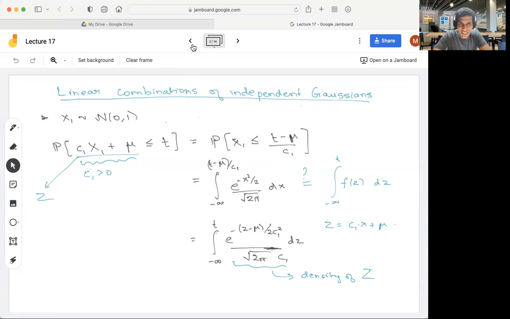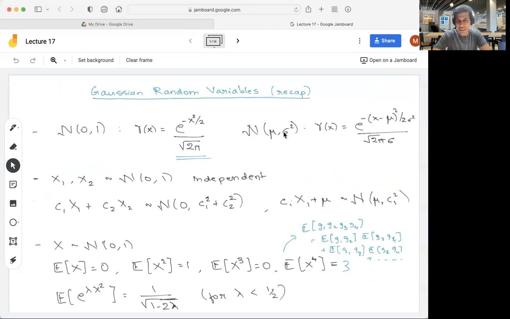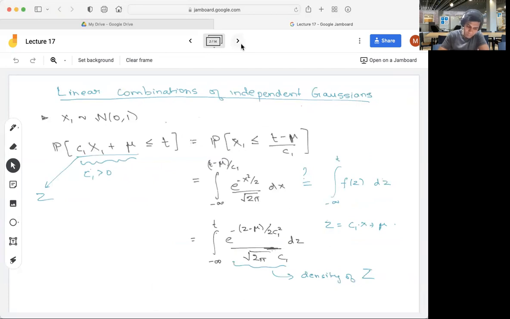And if you look at it, this is exactly the density function of a Gaussian random variable with mean mu and variance C1 square. And we said for a continuous random variable, once we know its density function, we know everything about it. We can calculate for every valid event in the Borel sigma algebra, which is generated by intervals, the probability that the random variable lies inside this interval.